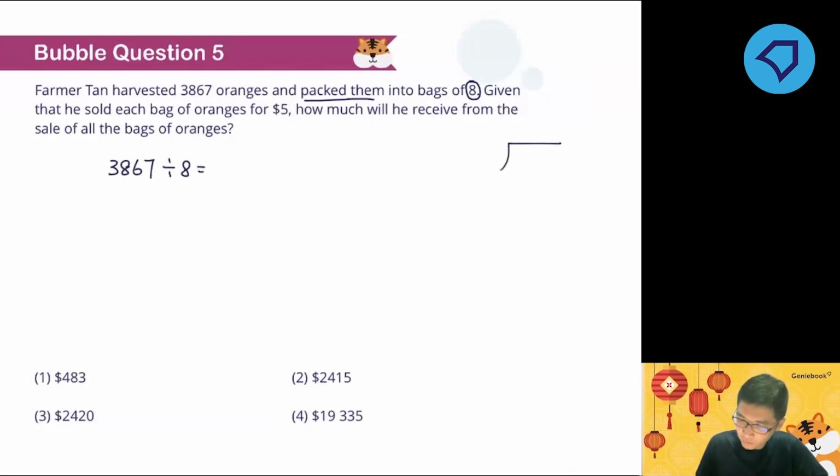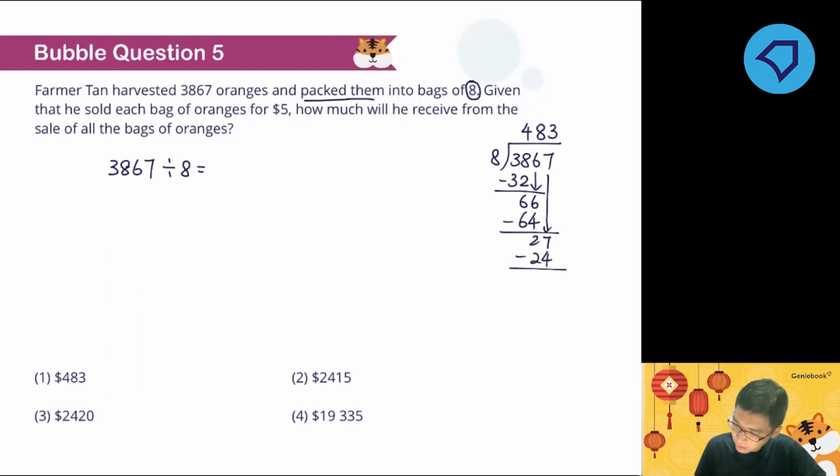Let's do the long division. 8, 64, bring down the next digit, 3, 24, subtract. We have a remainder. So this will be 483, remainder 3.